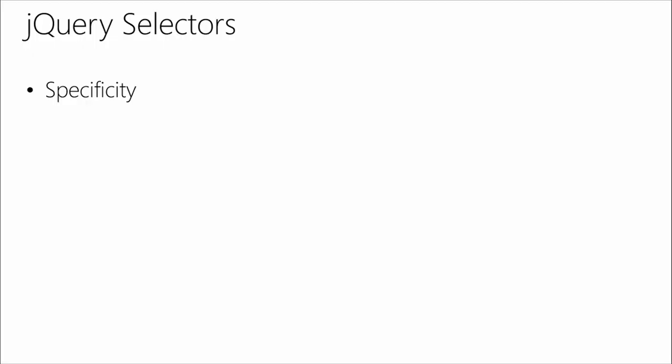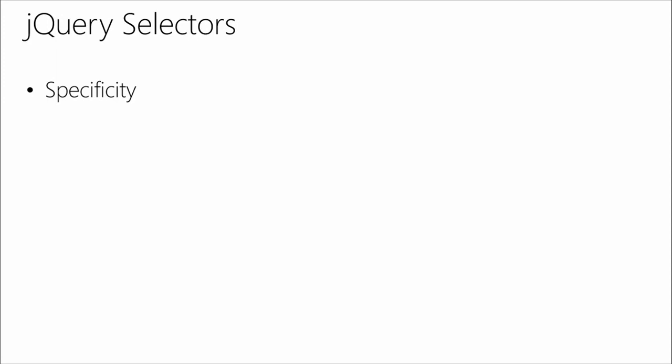With selectors, we have this notion of specificity, which is also a notion in CSS. When we go to select things, if we think about that DOM tree, it's a big old tree. And it has parents and children going off in the left branch and right and all over the place. When we go to select things, we want to think about a few things. And one of them is, of course, performance.